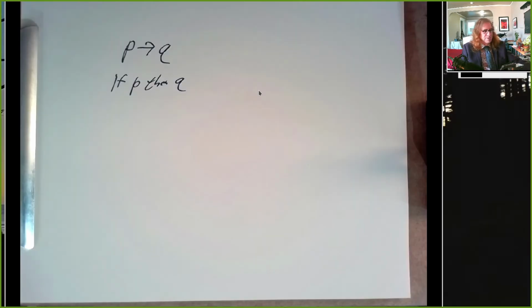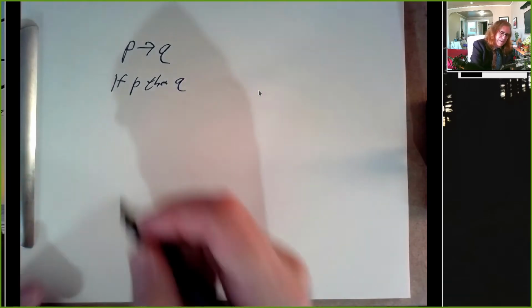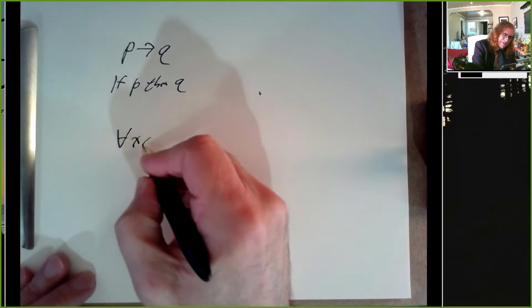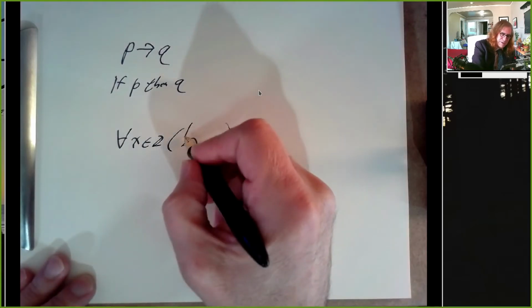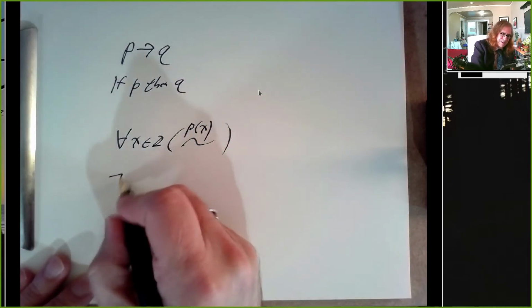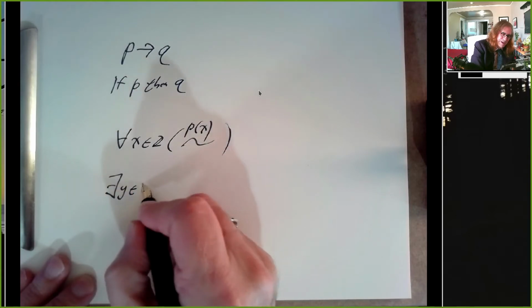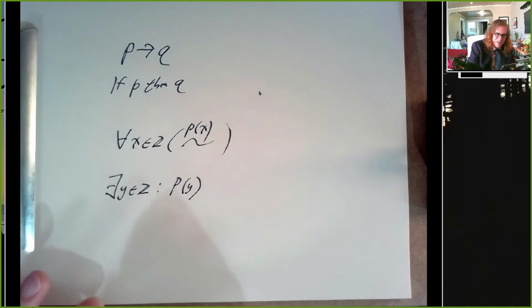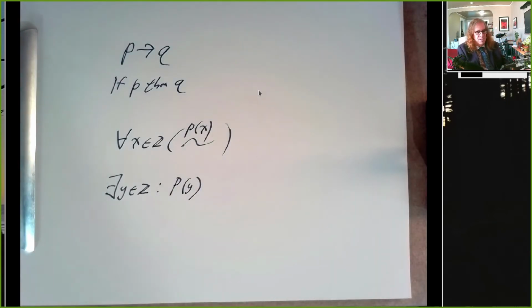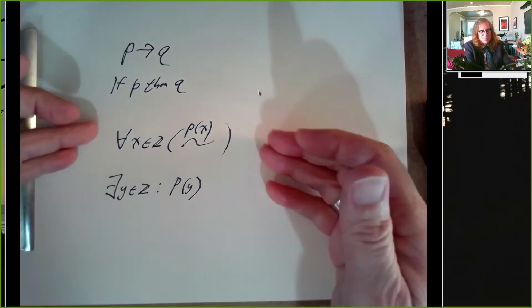Quantifiers are things like: for all x in the integers, some statement, which is typically a proposition involving x. Or there exists some y in the set of integers such that some proposition P of y is true. So universal quantifier, existential quantifier. And each of these is a proposition.